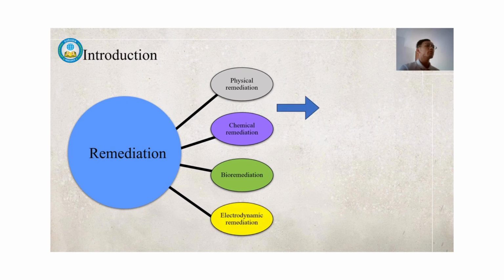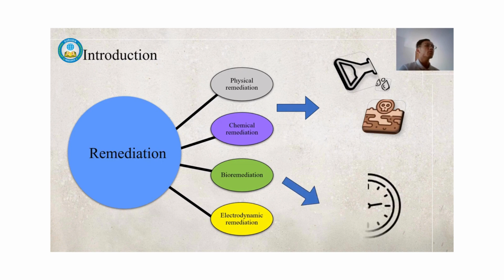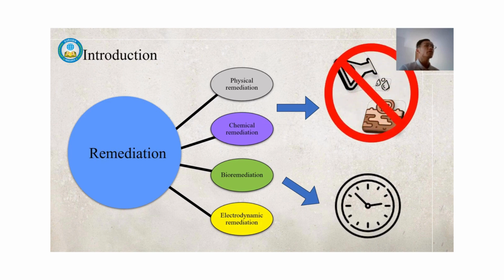Physical and chemical remediation can damage the structure of soil, making soil unusable, and bioremediation requires a long processing time. Compared to the previous, electrodynamic remediation does not damage soil structure and requires less time than bioremediation.